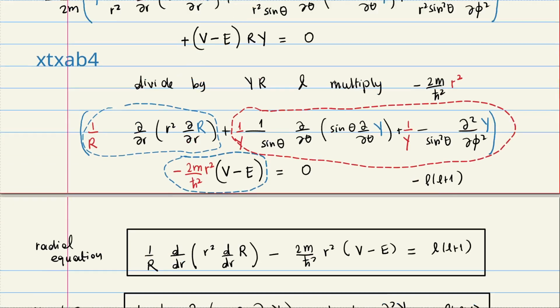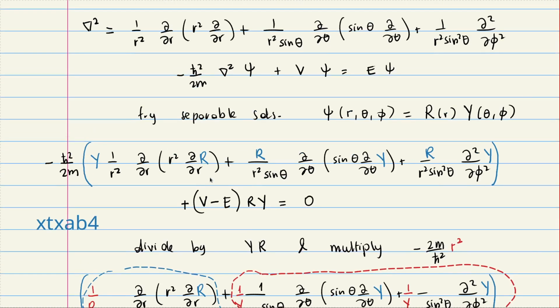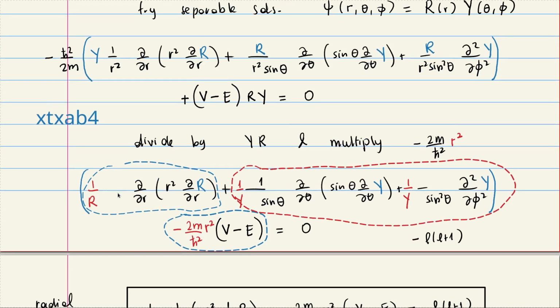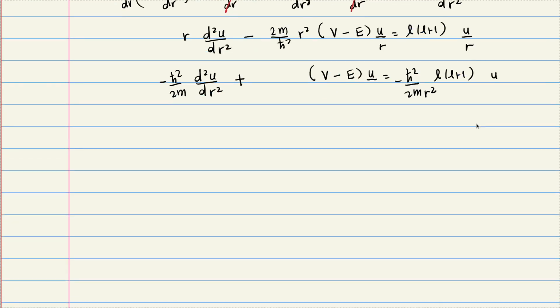We said let's separate. When we separated, we had r squared here, and this r squared. We multiplied, right? We said divide by R and multiply by minus 2m over h bar squared r squared. I actually forgot it first and then I put it later. If you don't put it, you cannot separate. Okay, so this is that.